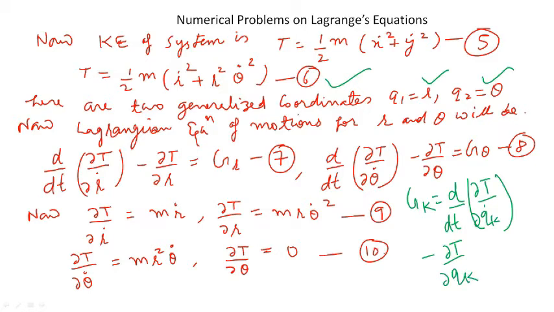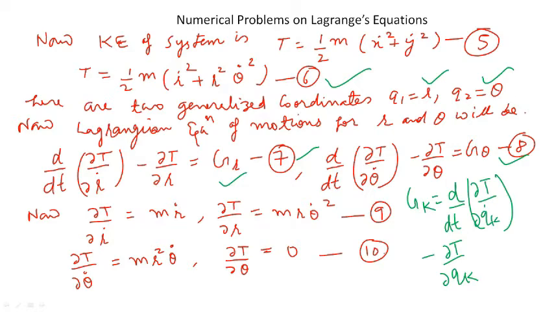Similarly here for the radial part, it will be gr is equal to d over dt of del T over del r dot minus del T over del r, and for the theta coordinate it will be d over dt of del T over del theta dot minus del T over del theta is equal to g theta. Let us say it is equation number 7 and it is equation number 8.